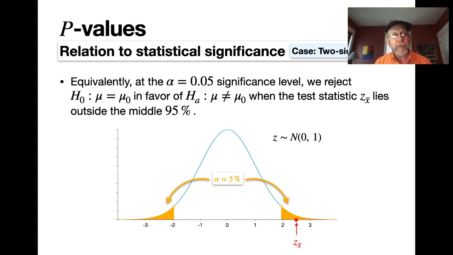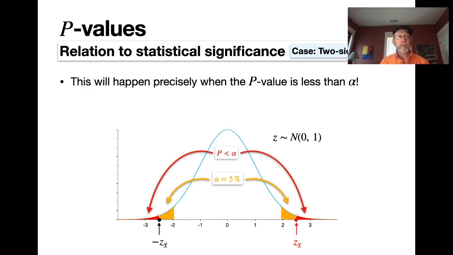Now, think about the p-value that would be associated with an observation like that. Remember, the p-value is the probability of all, in this case, z-scores that are at least as extreme as ours, at least as far out in the tails as our z-score.